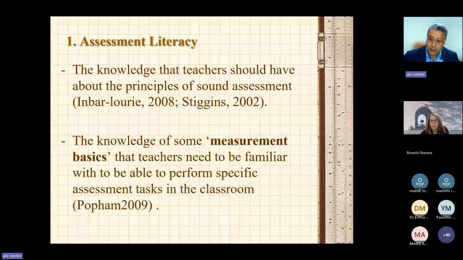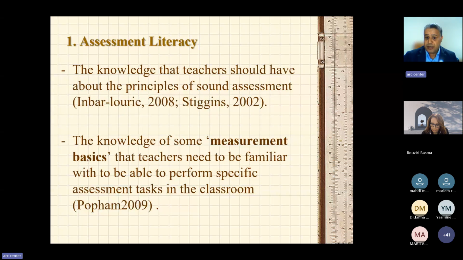But research studies worldwide have shown that most teachers do not know how to design their tests according to best practices or what is recommended by the people who know about testing. So assessment literacy could be defined as the knowledge that teachers should have about the principles of sound assessment.